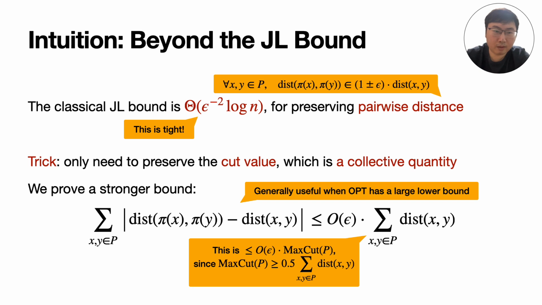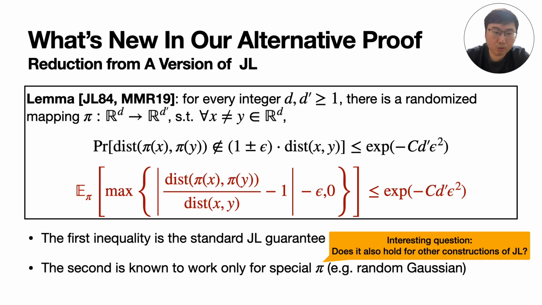And therefore, this dimension reduction also generally works for problems with a large opt. Now, what's new in our alternative proof compared with the original one by Lamerson et al.? We basically make a black box reduction to a strengthened version of the Johnson-Lindenstrauss guarantee. Specifically, on top of the pairwise distance, we also require the expected error to be well bounded, as shown in this red font.